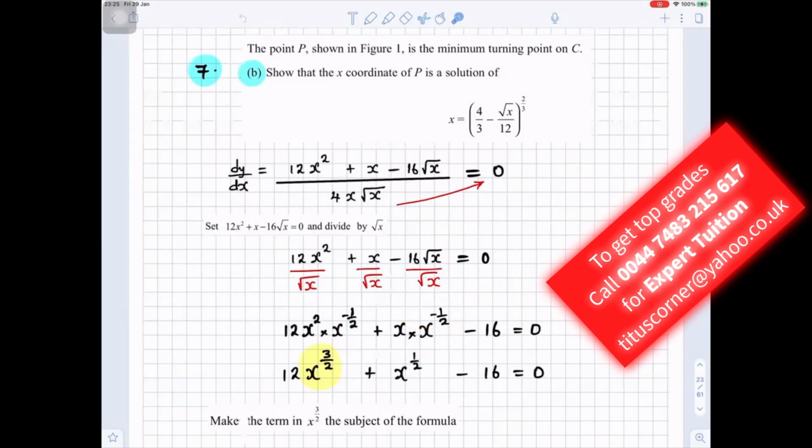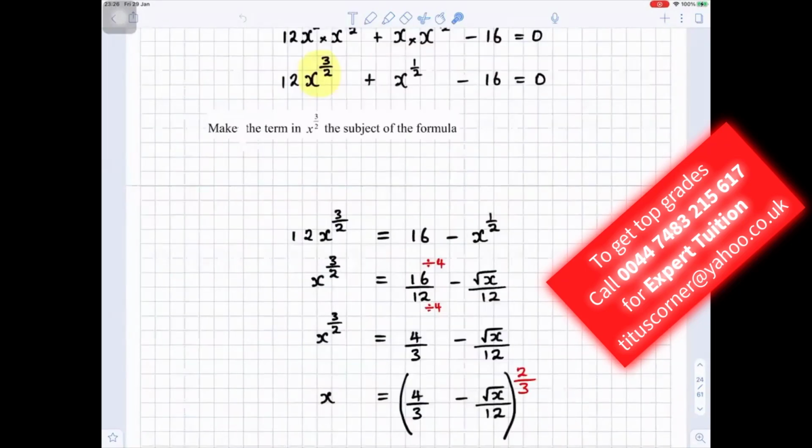So you have 12x to the 3 over 2 plus x to the half minus 16 equals 0. So what we want to do next is to make the term with x to the 3 over 2, the one I've put in yellow, the subject of the formula.